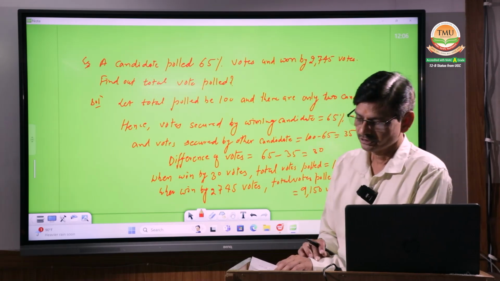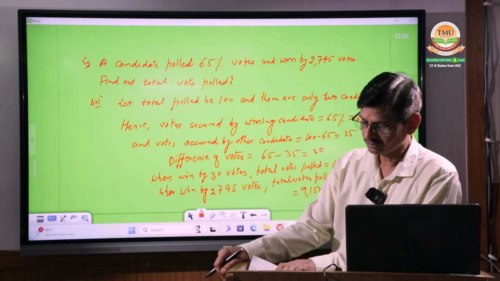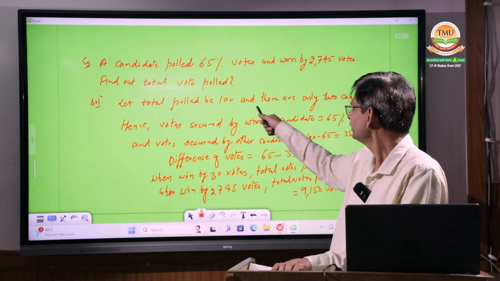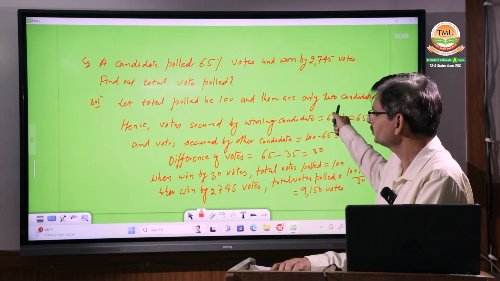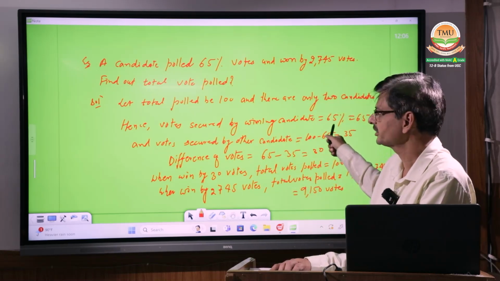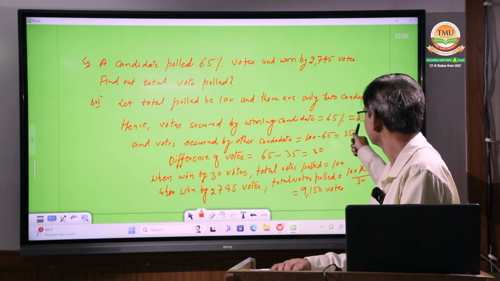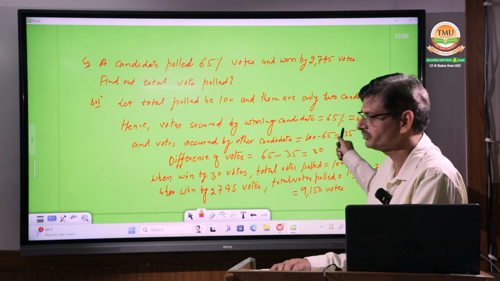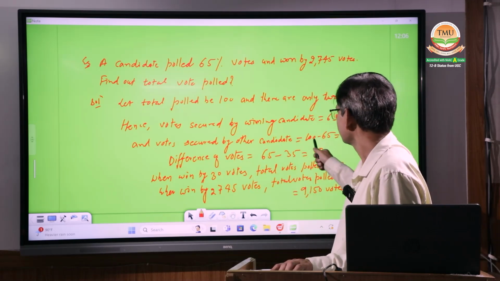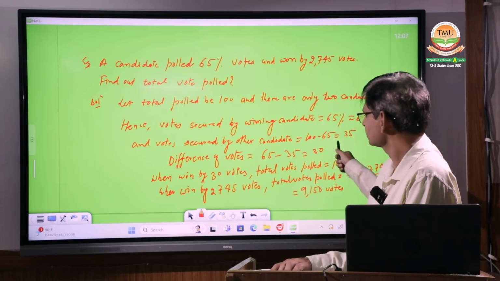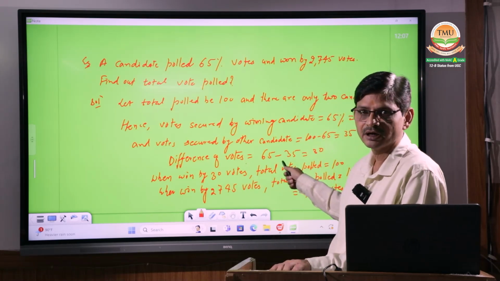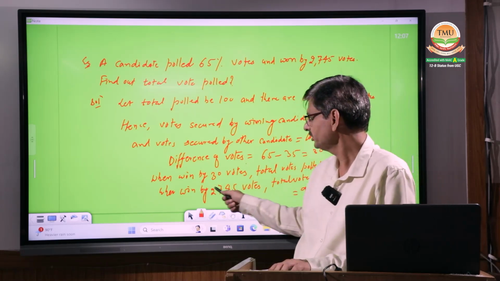This type of problem we can solve like this. The total votes polled be 100 and there are only two candidates. Then the vote secured by winning candidate is 65%, that is 65. And vote secured by other candidate, that is 100 minus 65, that is 35, and difference of vote will be 65 minus 35, that is 30.